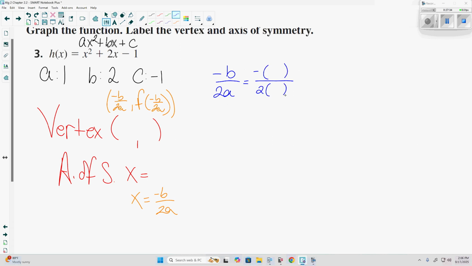Now looking at this problem here, the value of b is 2. The value of a is 1. So we have negative parentheses 2 close parentheses over 2 times 1.